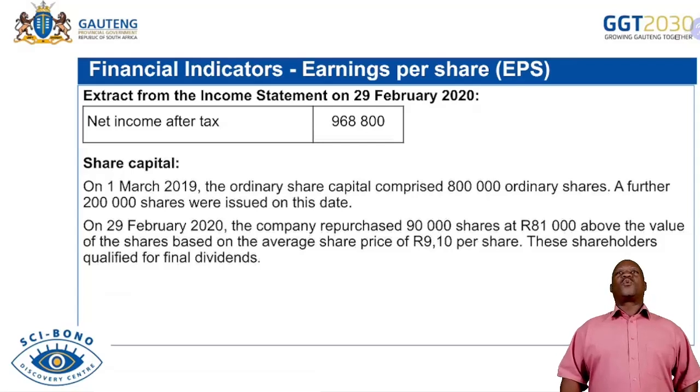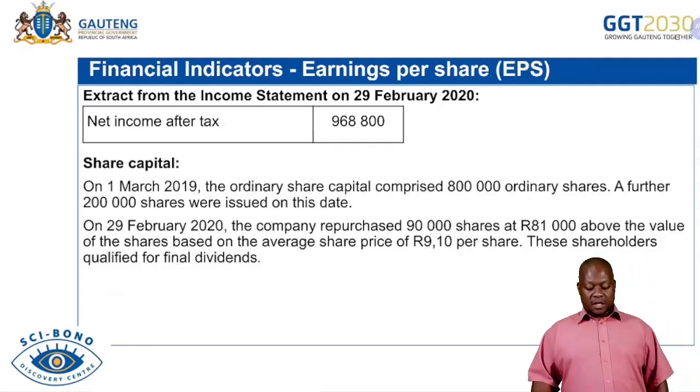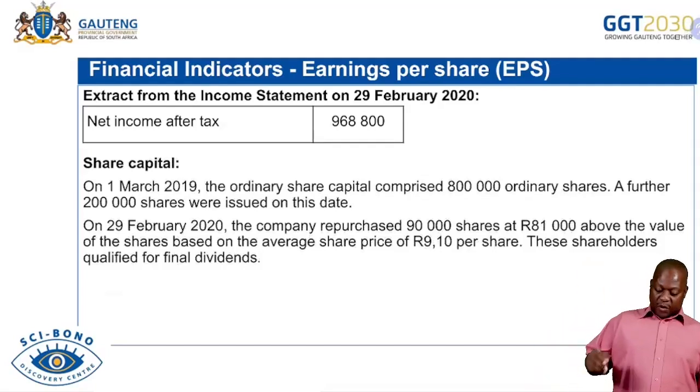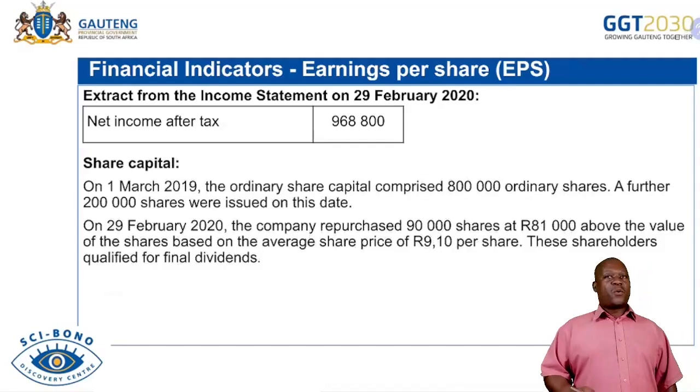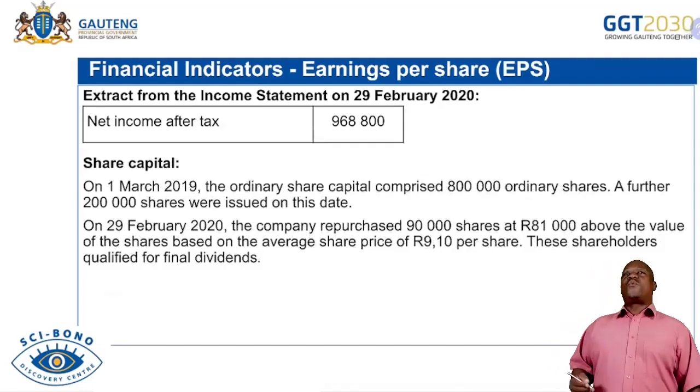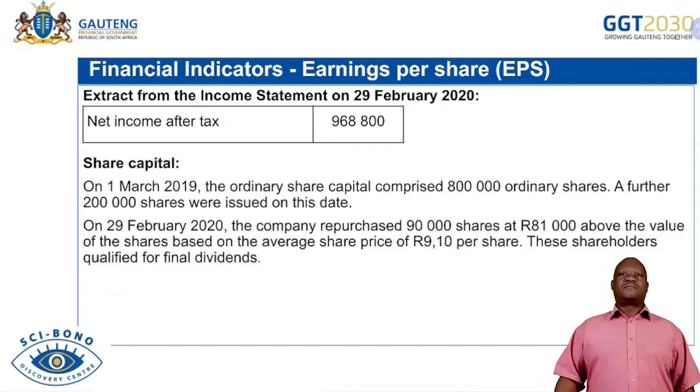Very important. So we started our financial year with 800,000 shares already issued. And then they said a further 200,000 shares were issued on this date. So it means when the year started, before we went anywhere else, we issued an additional 200,000 shares.